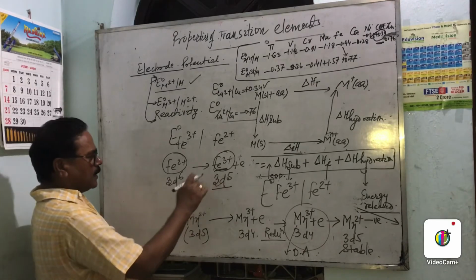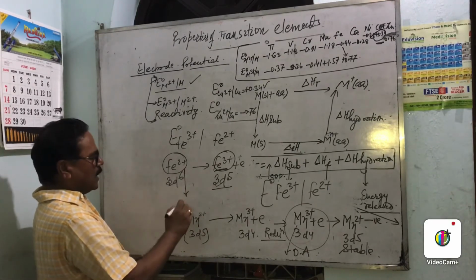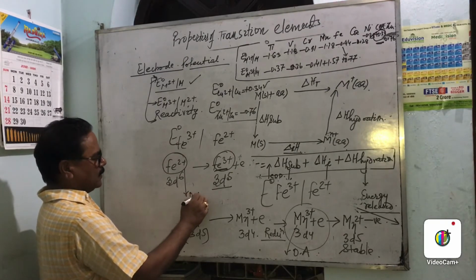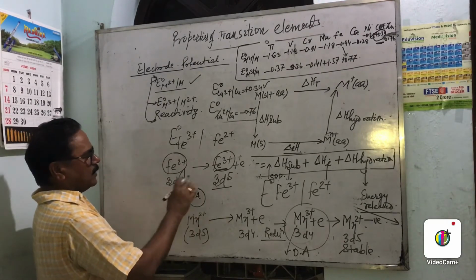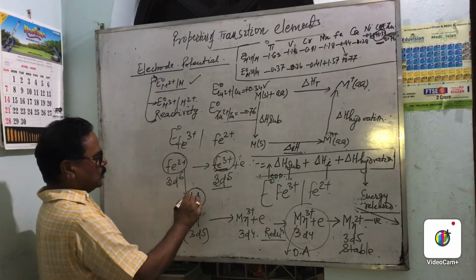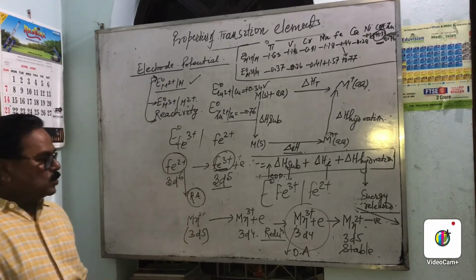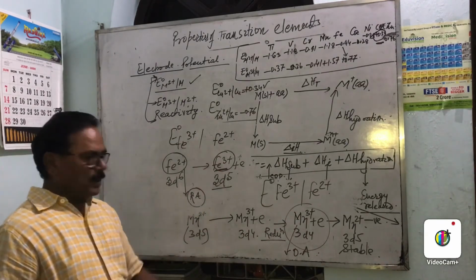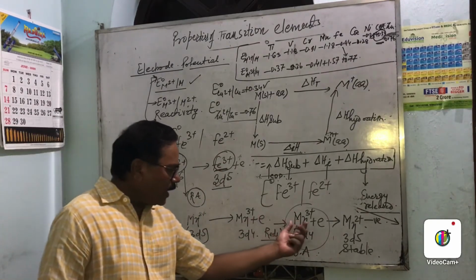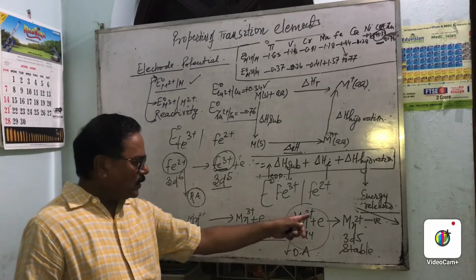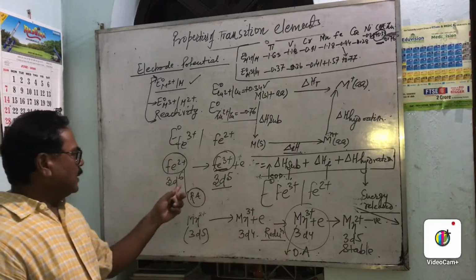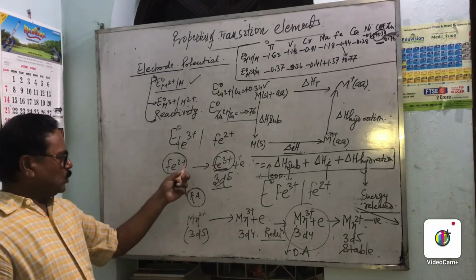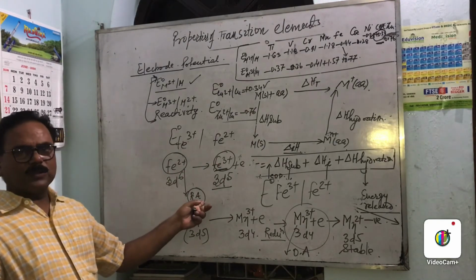So here this Fe2 plus acts as a what? That is a reducing agent. Fe2 plus is a reducing agent. So if the question asks, out of Mn3 plus and Fe3 plus, this Mn3 plus acts as an oxidizing agent, while Fe2 plus acts as a reducing agent.